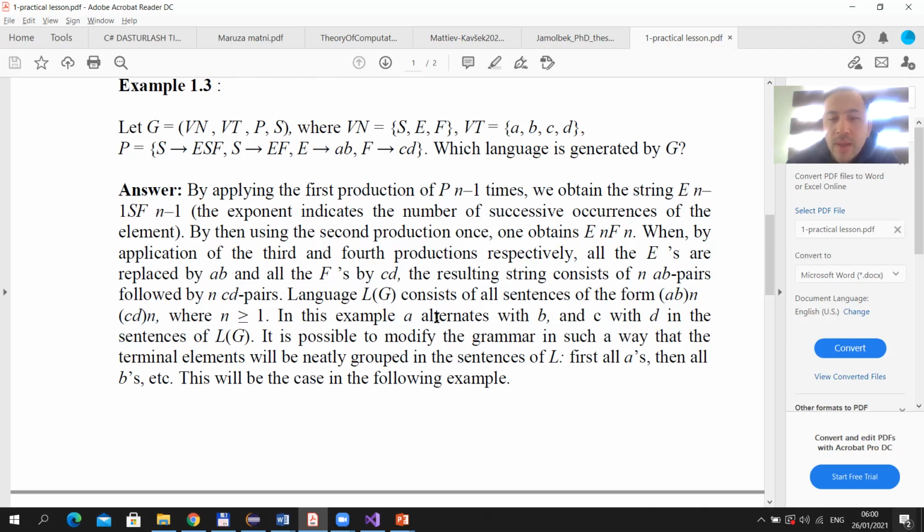In this example, A alternates with B and C with D in the sentence of L(G). It is possible to modify the grammar in such a way that the terminal elements will be neatly grouped in the sentence of L: first all A's, then all B's, etc. This will be the case in the following example.